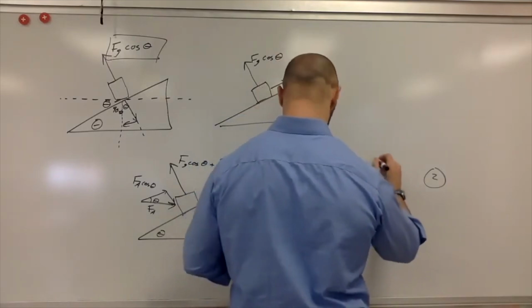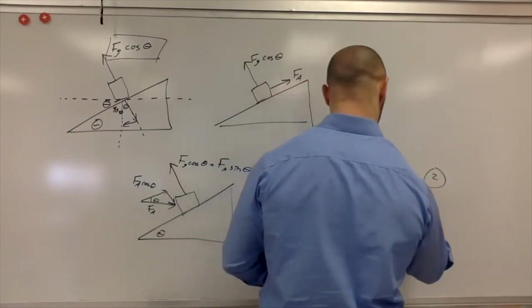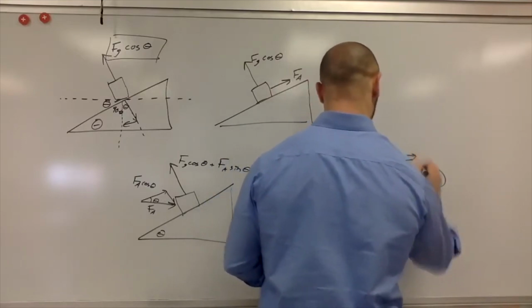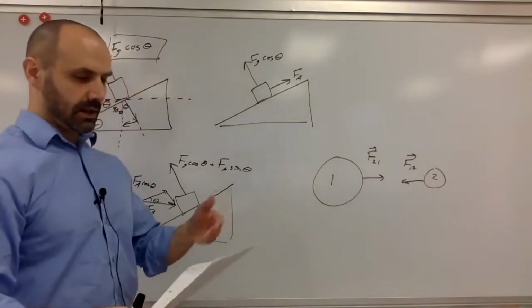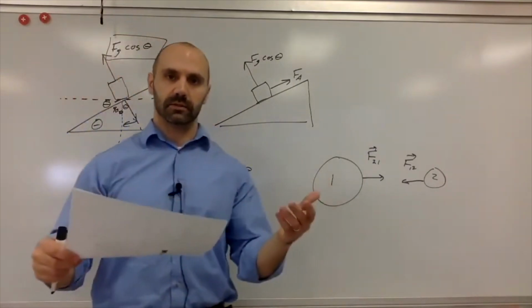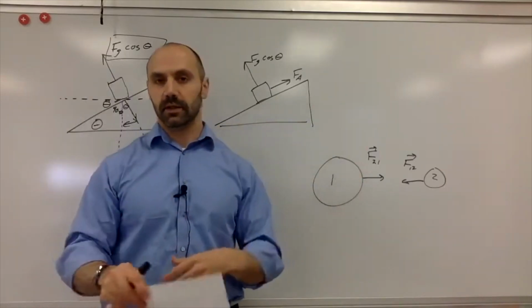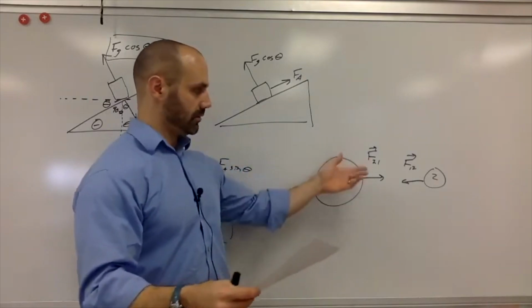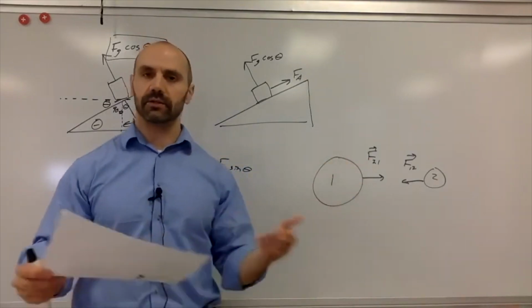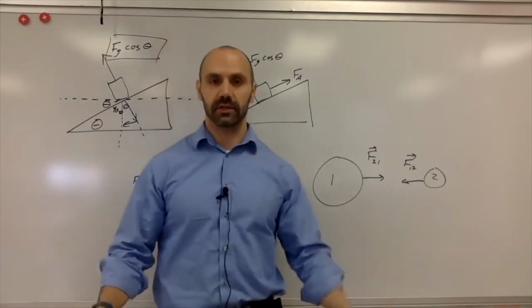If this is the force of 2 on 1, then this is the force of 1 on 2. They're equal in magnitude, just opposite in direction. And if we look at whole systems, if we make the system big enough, then all the objects are included, all the forces are internal. So how does anything ever move? There's a question that I've seen.